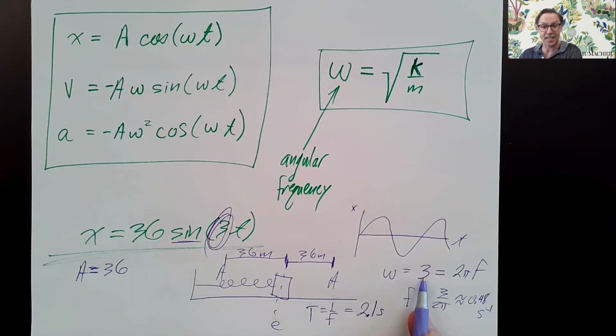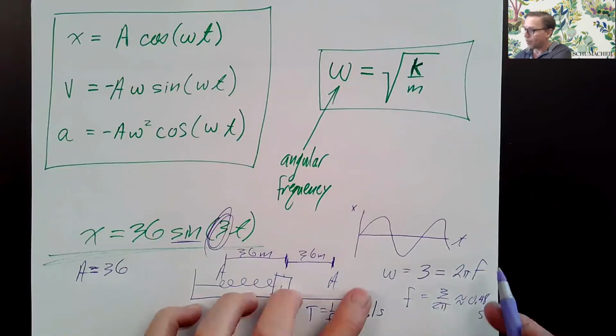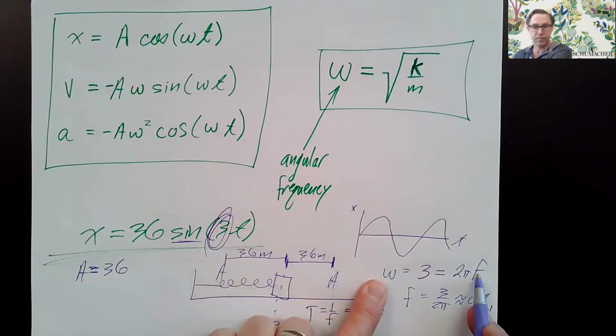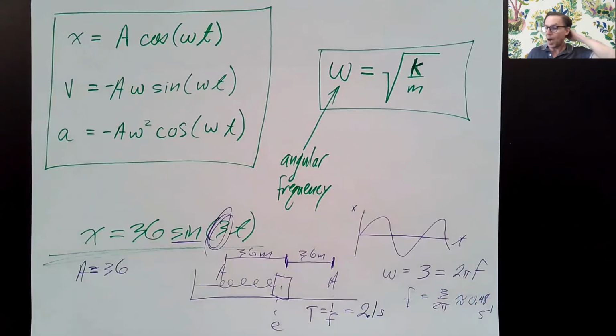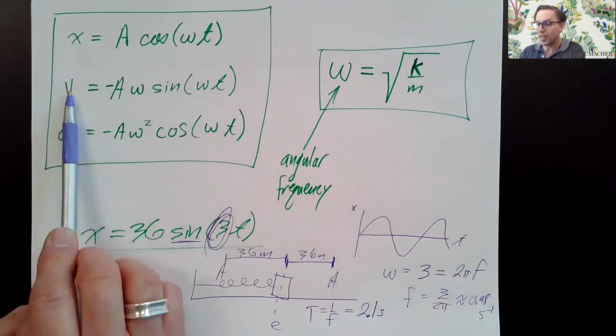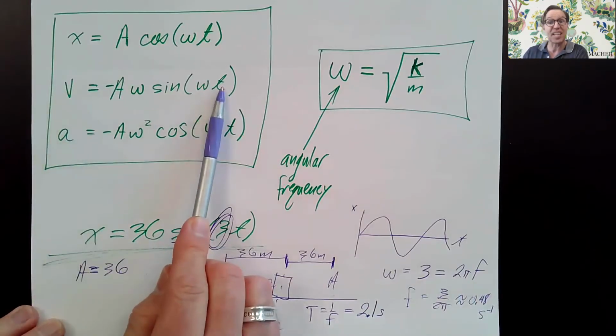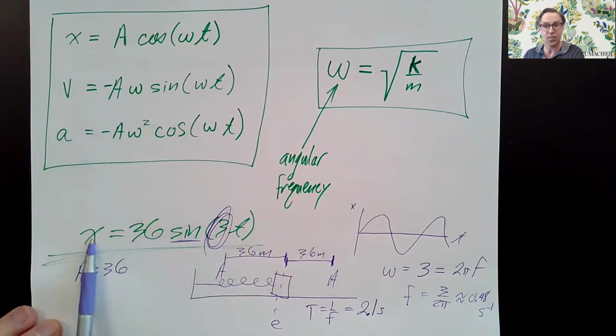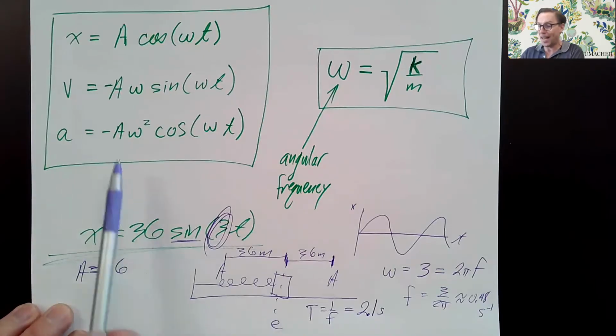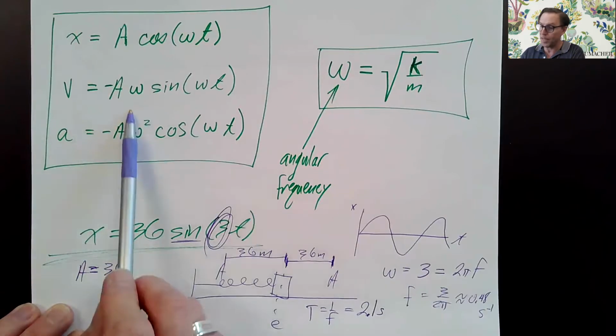Isn't that nice? Notice that frequency and angular frequency each have the same unit. They're both s to the -1, because all I do to the frequency is multiply by 2 pi, no unit, to turn it into angular frequency. I could also find the speed at any given time using this, right? Because now I know A is still 36, omega is 3.